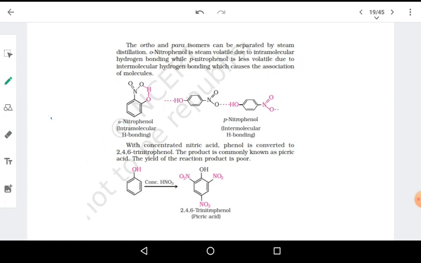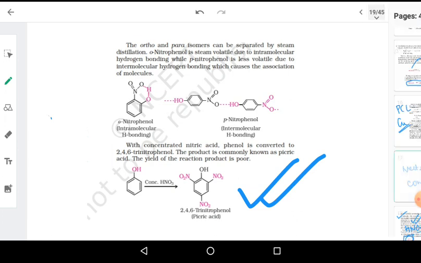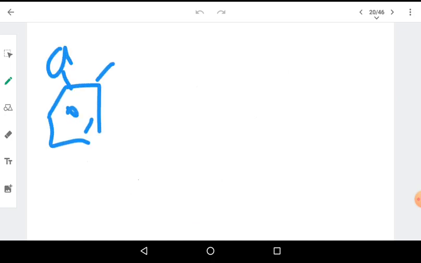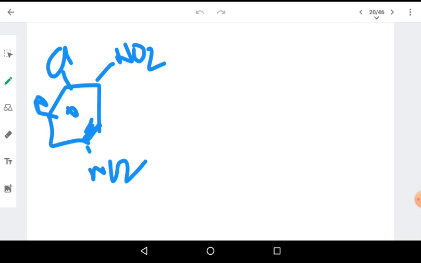What if I use concentrated HNO3? If I am using concentrated HNO3, I will be getting picric acid. What is picric acid? 2,4,6-trinitrophenol. So in three contexts you are studying picric acid. What are the three contexts? Last chapter we have studied: if I have Cl here, NO2 here, NO2 here, this is benzene, and here also I have an NO2 group.